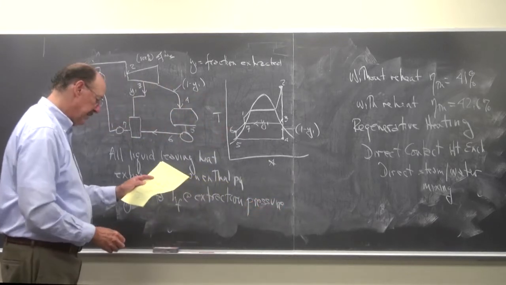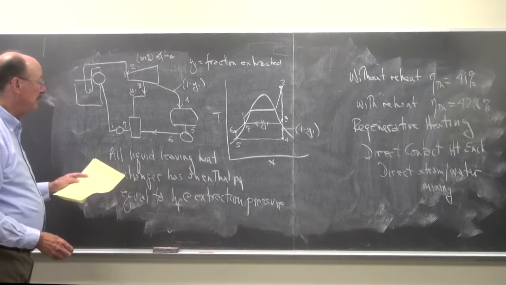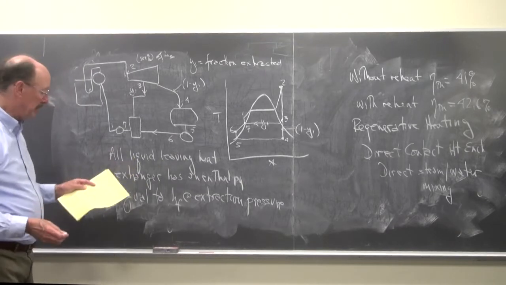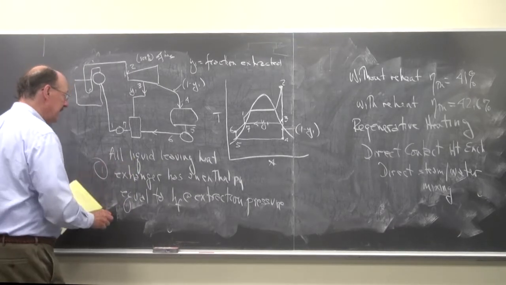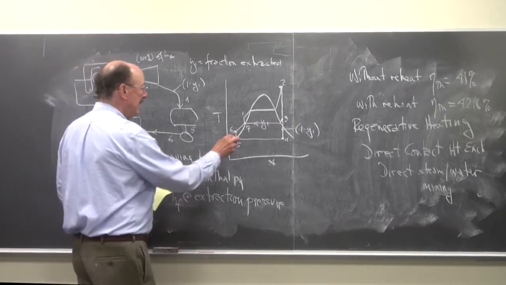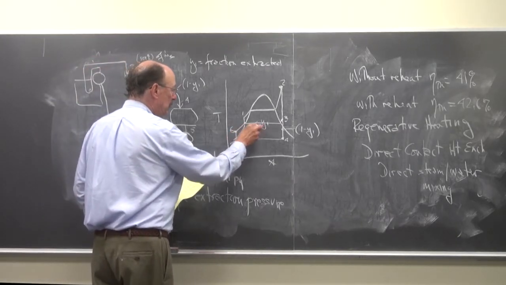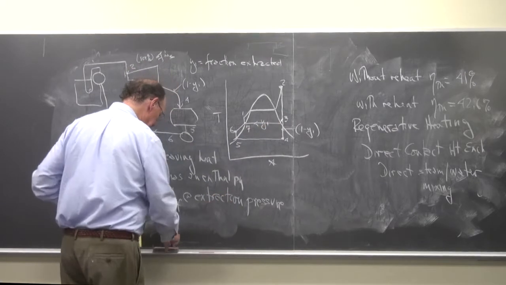So we have that, and this is one assumption. So it means that H7 is equal to H sub F at P3.